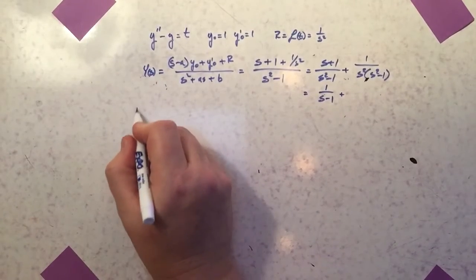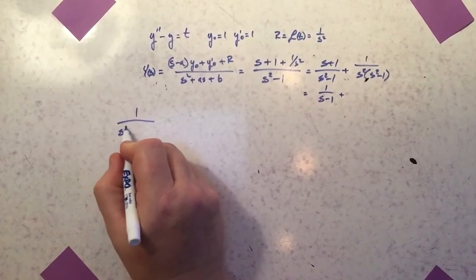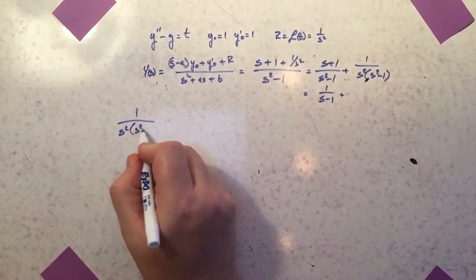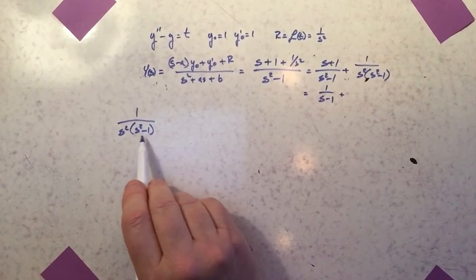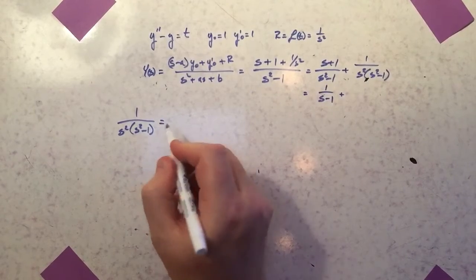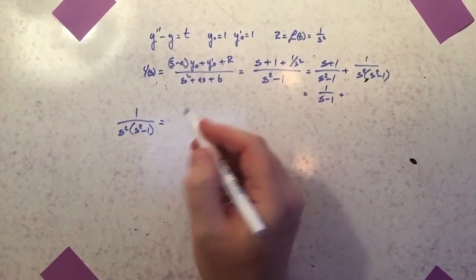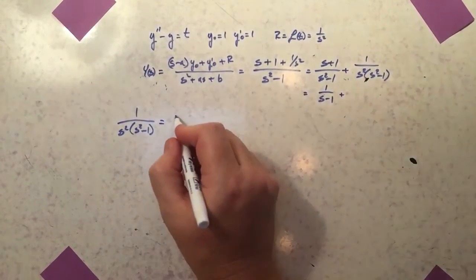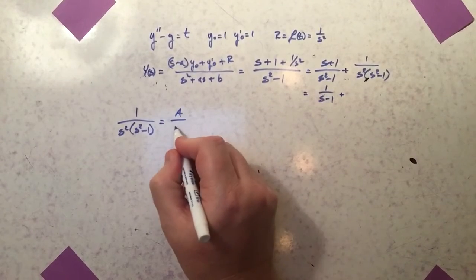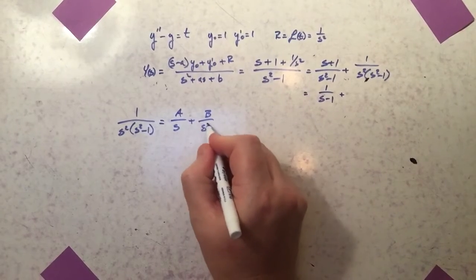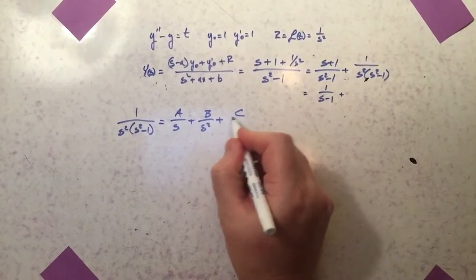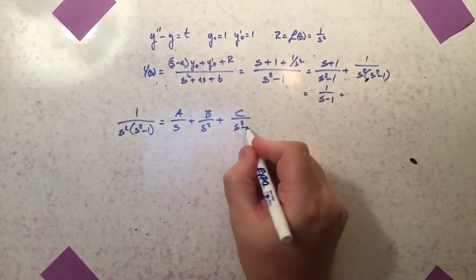So let's look at what that looks like. So it's 1 over s squared times (s squared minus 1). In actuality, the s squared minus 1 is okay. I can leave that as one of my partial fractions, but I'm going to have to break the other one down. So what I want to do is break it into three potential fractions, A over s plus B over s squared plus C over (s squared minus 1).